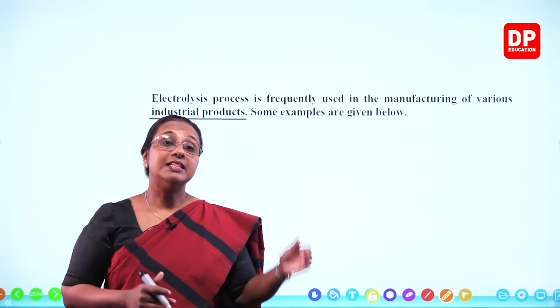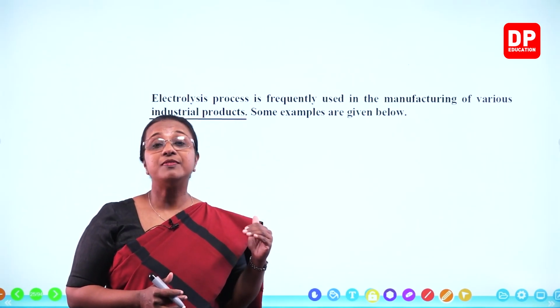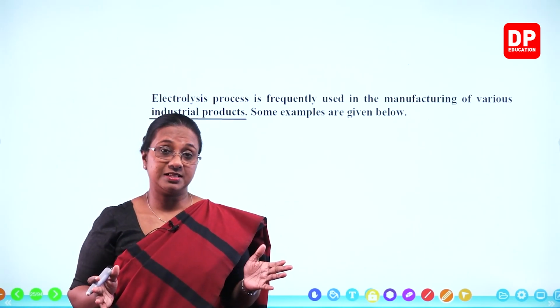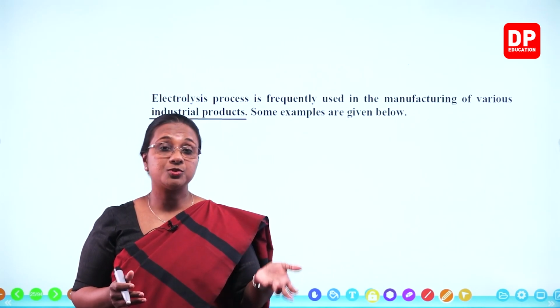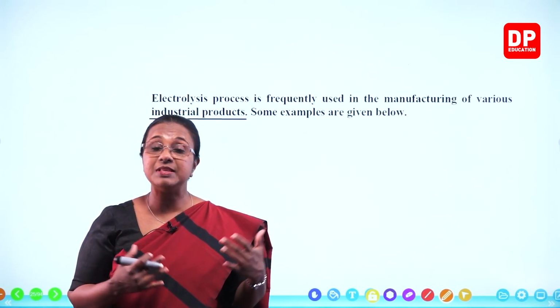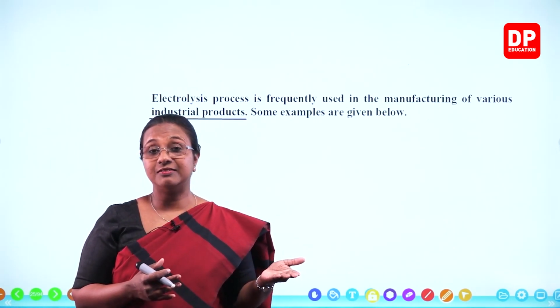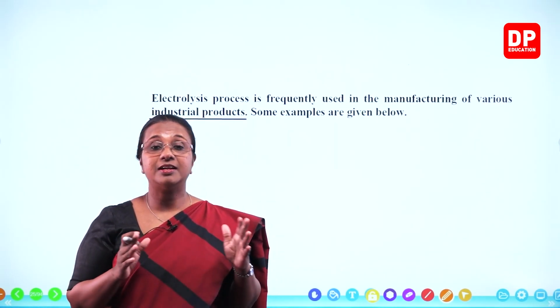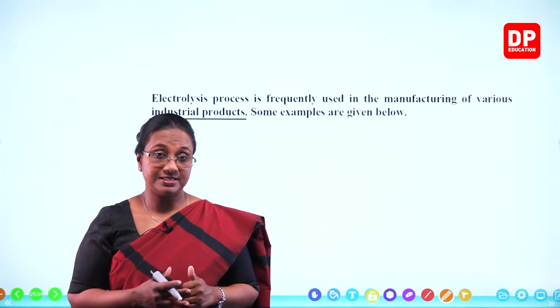The metals at the top of the activity series are the most reactive metals. For example, potassium, sodium, calcium, magnesium are very highly reactive, and you can remember those metals are extracted using electrolysis.